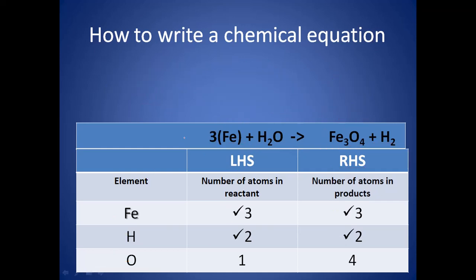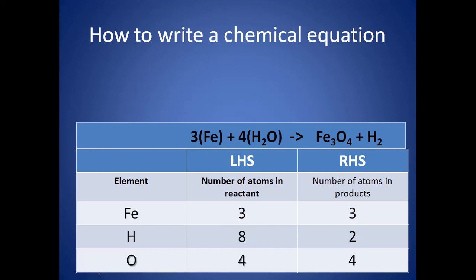So if there are 3 ferrous atoms on this side, there should be 3 on this side as well. So we multiply this one by 3. So we get 3 ferrous and 3 ferrous on this side. Now they are already matched. Now we have to match only oxygen. Let's see what happens when we go for the oxygen. We made the oxygen 4, so we have to multiply by 4 here.